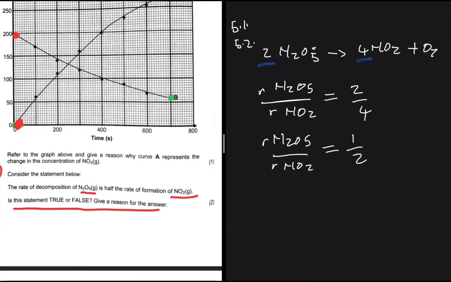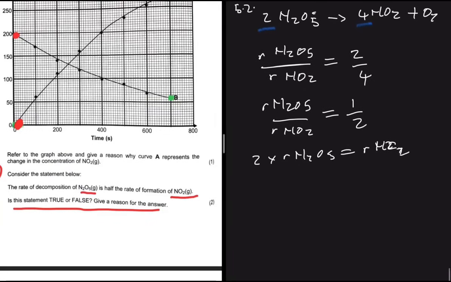And if we cross multiply, you're going to get 2 multiplied by the rate of N2O5 being equal to the rate of NO2, right? And then if you make the rate of N2O5 the subject of the formula, you're going to get the rate of N2O5 being equal to half the rate of NO2, right?